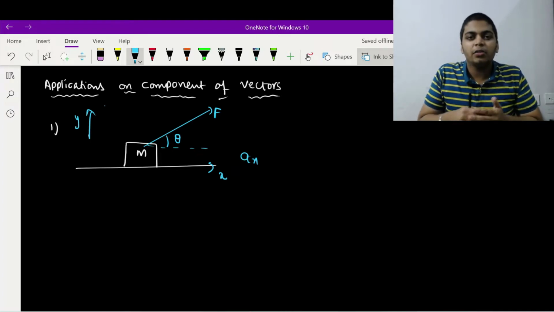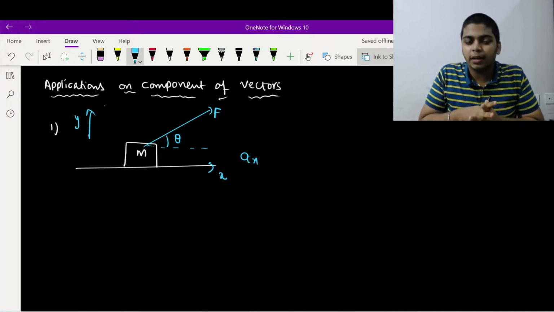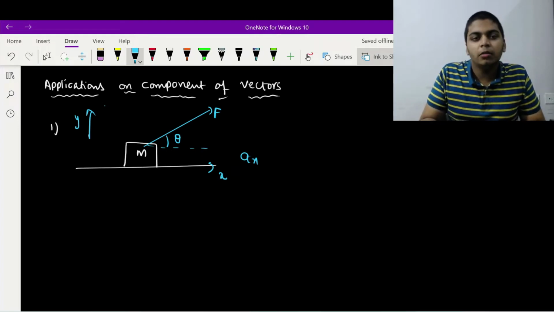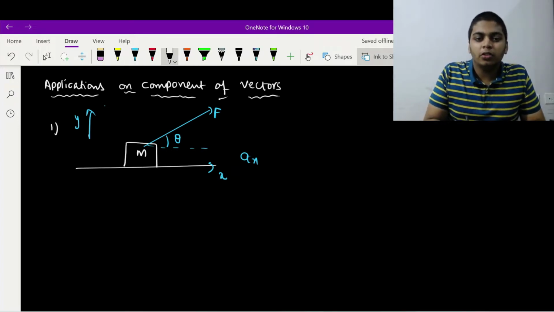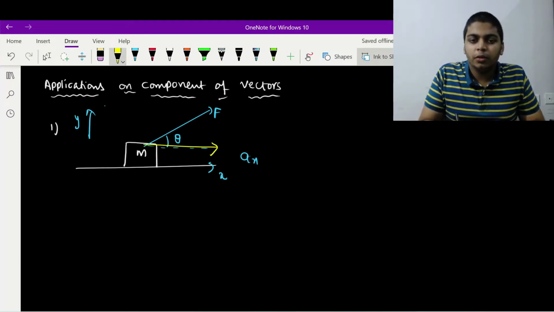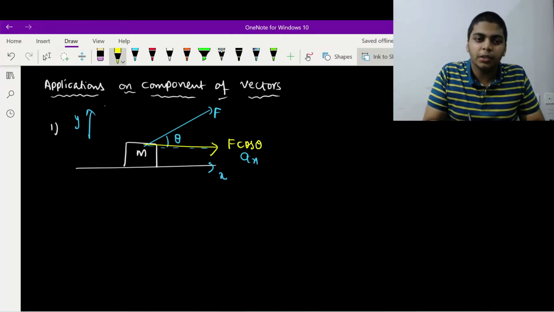So if I'm asked to find the acceleration of the block along the x-axis, how will I find that out? At this point I'll start resolving the vectors, the components of this force. The component of force along the horizontal is F cos theta, and the component of force along the vertical is F sin theta, right?